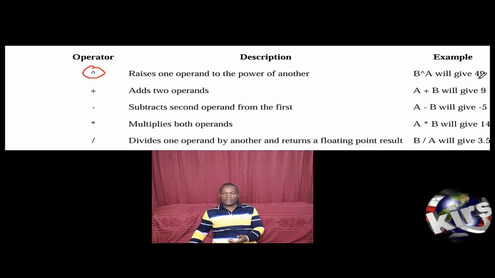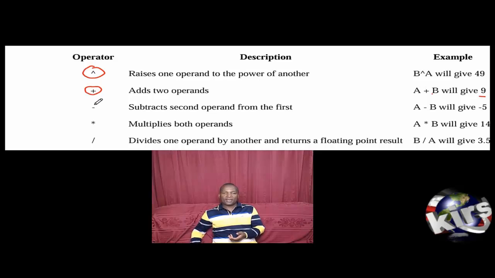Then the second operator here is the one which is used for addition, and it takes 2 operands. Assuming we have a which is 2 and b which is 7, it means 2 plus 7, which will give us the value 9.